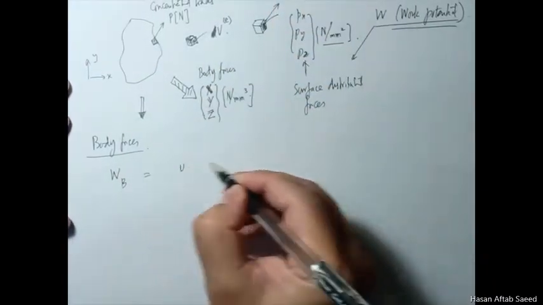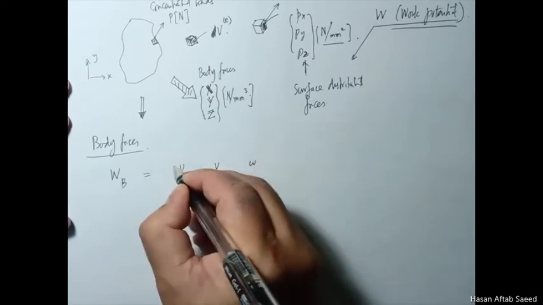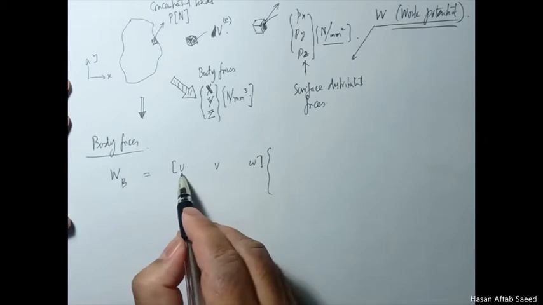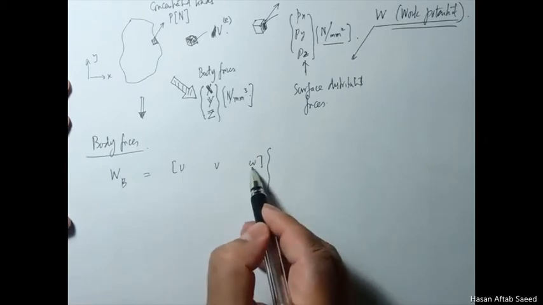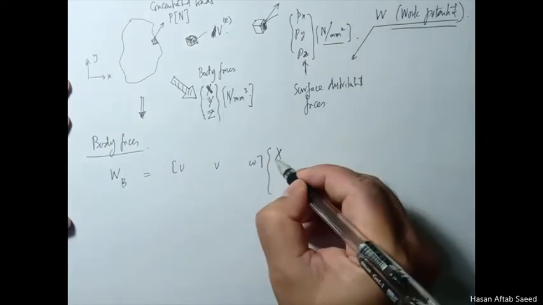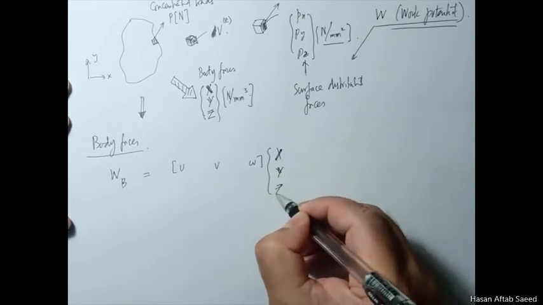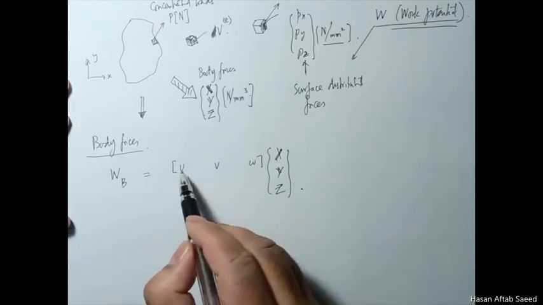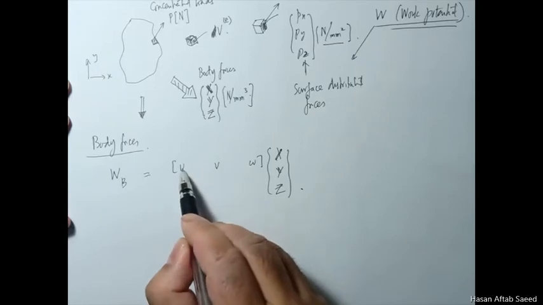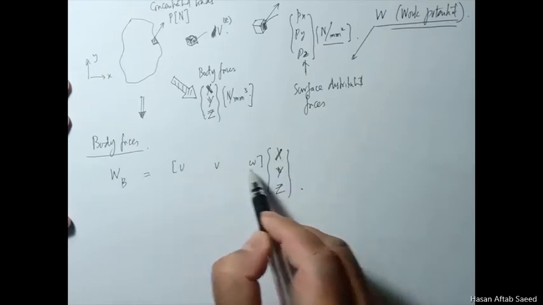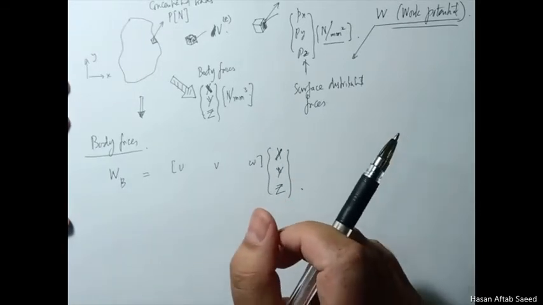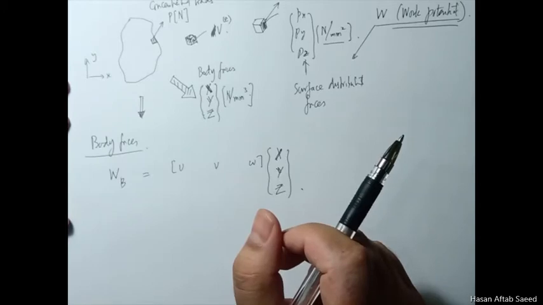It would have been simply U, V, W. These are the three displacement components. At one point you can only have one U, one V, and one W, and the body forces applied are X, Y, Z. So you would have simply multiplied one displacement component with one force component to get the work potential. But now obviously this is not the case.